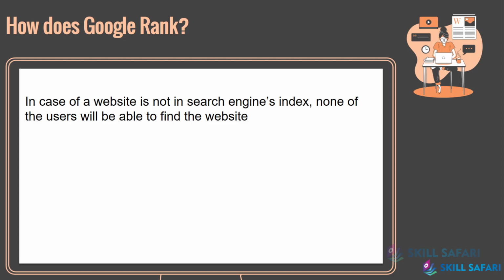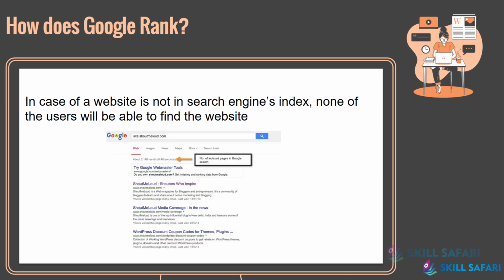As I told you, if it's not in the search index, users will not see your website anytime. So based on the keywords you use, you should let Google crawl your website and list it in the Google index so that users will find your website. We will discuss in later videos how to make the site available for Google to crawl.